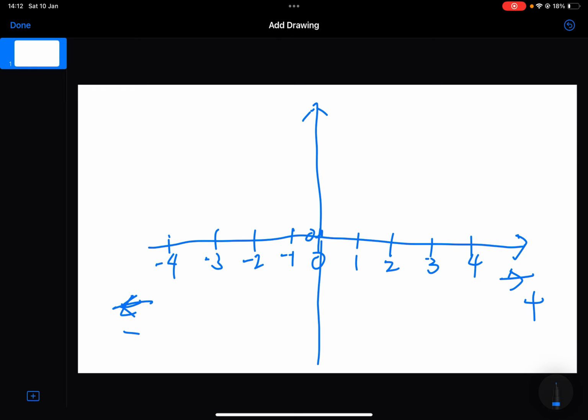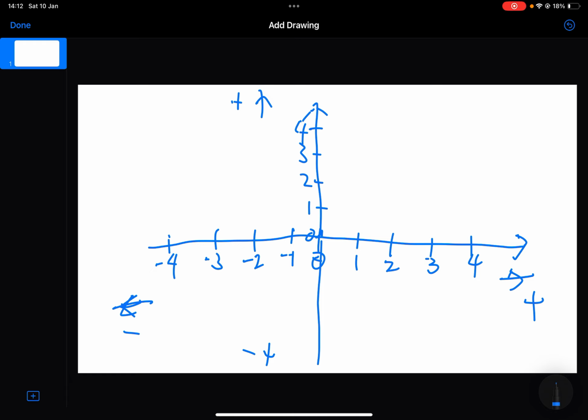In mathematics, when we go higher, we take it as positive. Moving upward is positive, moving downward is negative. So from the 0, when I go up one step, become 1. Go up higher, become 2. Go up higher, become 3. Go up higher, become 4.